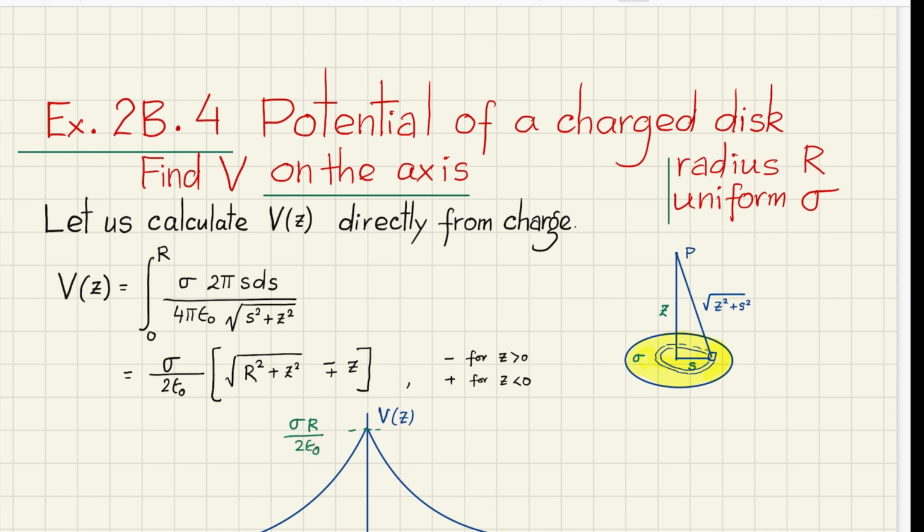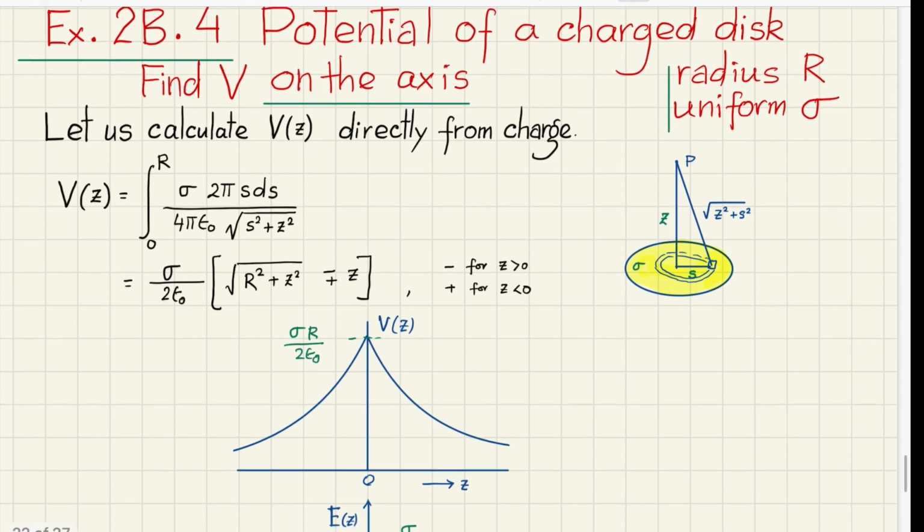In fact, you might have earlier found out whether the center and the edge have the same voltage. No. You can actually calculate the potential of the edge of this disk, but at the moment we are going along this axis. This is the center. Center is, of course, the highest, and then it falls off. So that is V of Z.